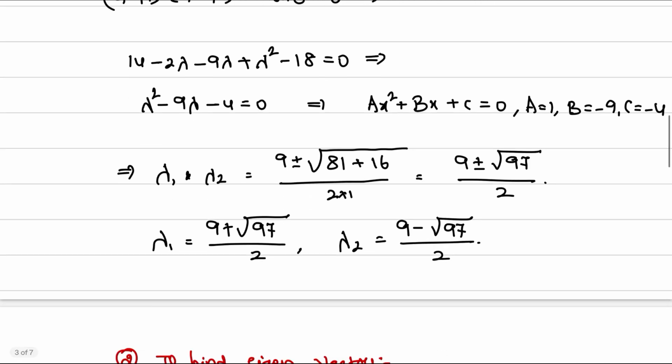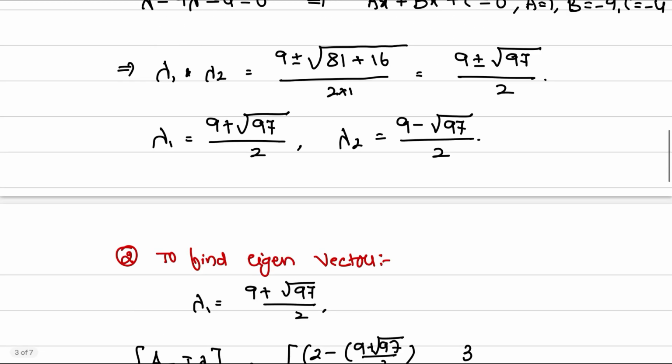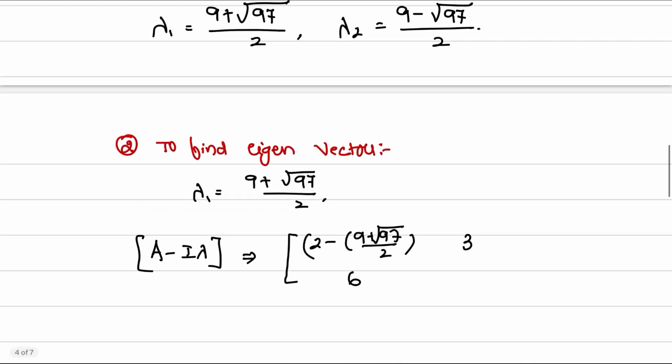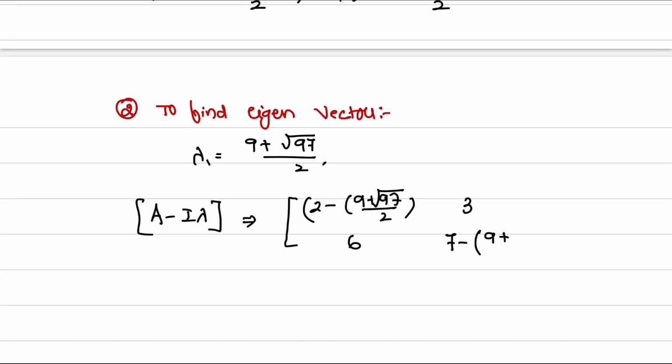Then the 3 will remain the same, this 6, and next 7 minus lambda, that is 7 minus 9 plus square root of 97 by 2. This is another.